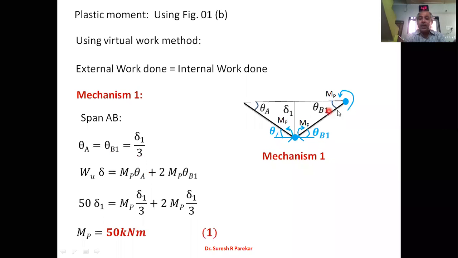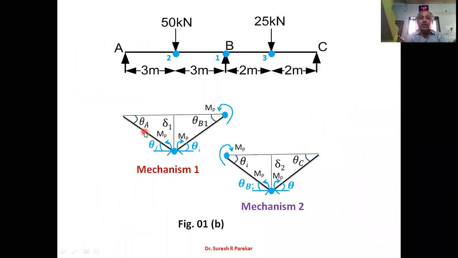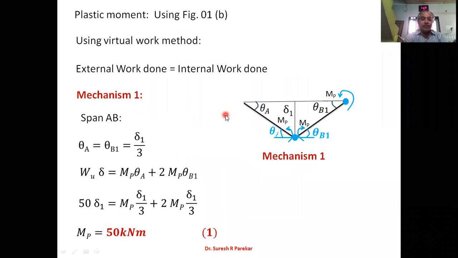Now we substitute the values. WU is 50, so 50 into delta 1 equals MP into delta 1 by 3 plus 2 MP into delta 1 by 3, since the spans are 3 meter, 3 meter. Now if you solve this, we get MP equal to 50 kilonewton meter, which is my value from mechanism 1.